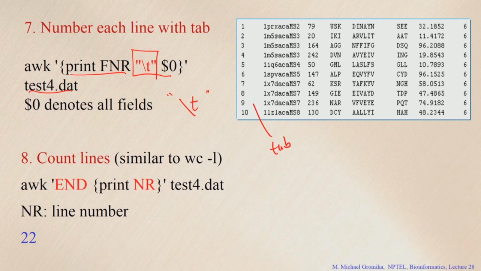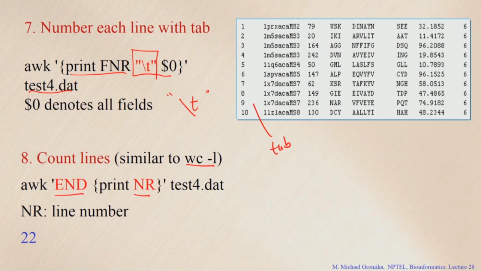Now, we can also count lines if you take many documents in a file. How many lines are there? In Unix, what command do we use to count the number of lines? WC minus L gives you the lines. Here also you can use awk, and NR is the number of records.